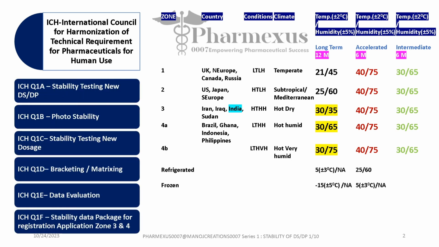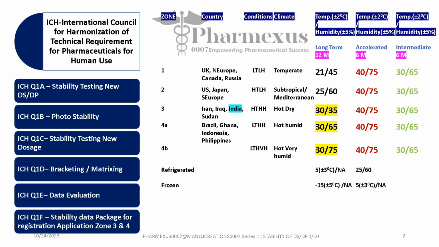So to further go into the depth of it, the ICH guideline will have 5 modules, that is ICH Q1A to Q1F. The ICH Q1A covers stability testing of new drug substances or drug products. Further we'll be discussing ICH Q1B, that is photostability, in subsequent sessions.